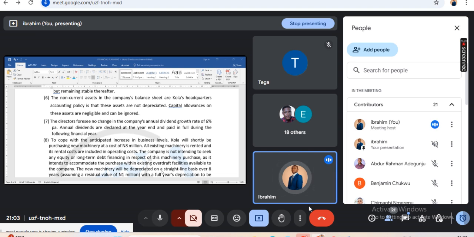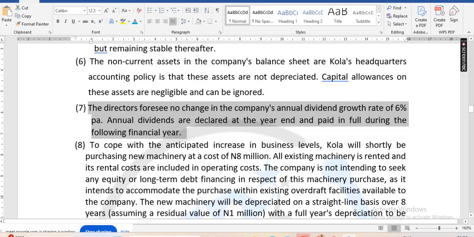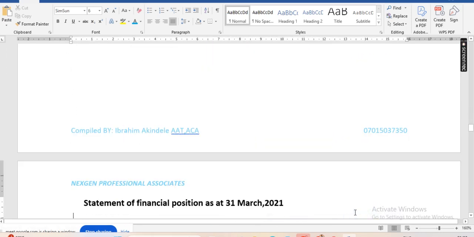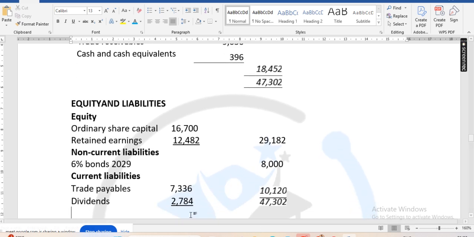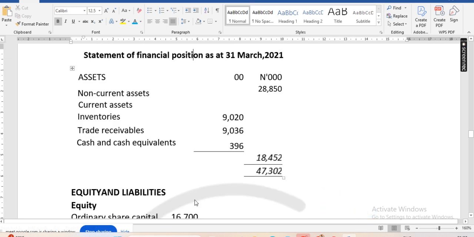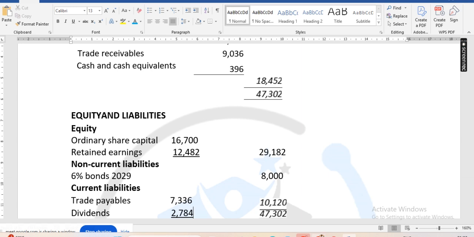AA Limited declared a dividend of 50 naira this year, declared but not yet paid at the year end. That amount that was declared will be treated as a liability in the statement of financial position. Now let's check the dividend of the company. You will see what I'm saying. Can you see it? This is the dividend of 2021. Why is it under liability?